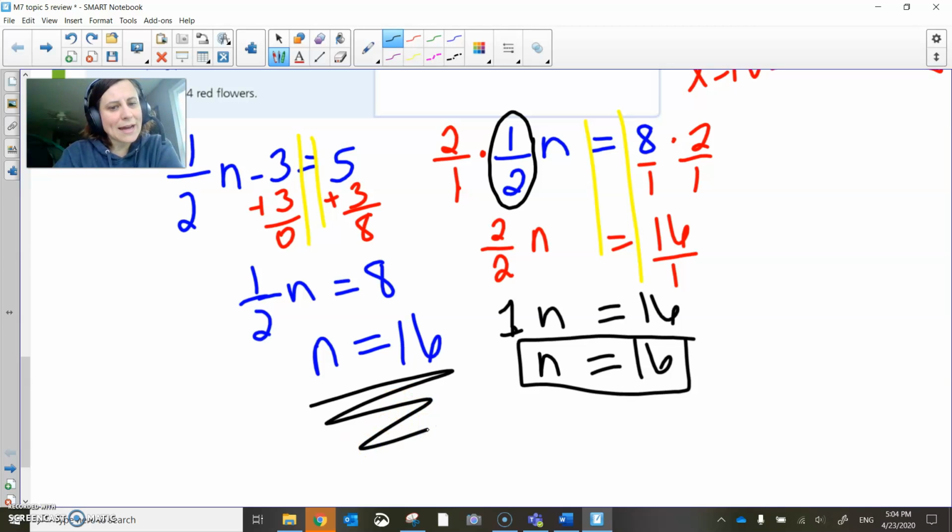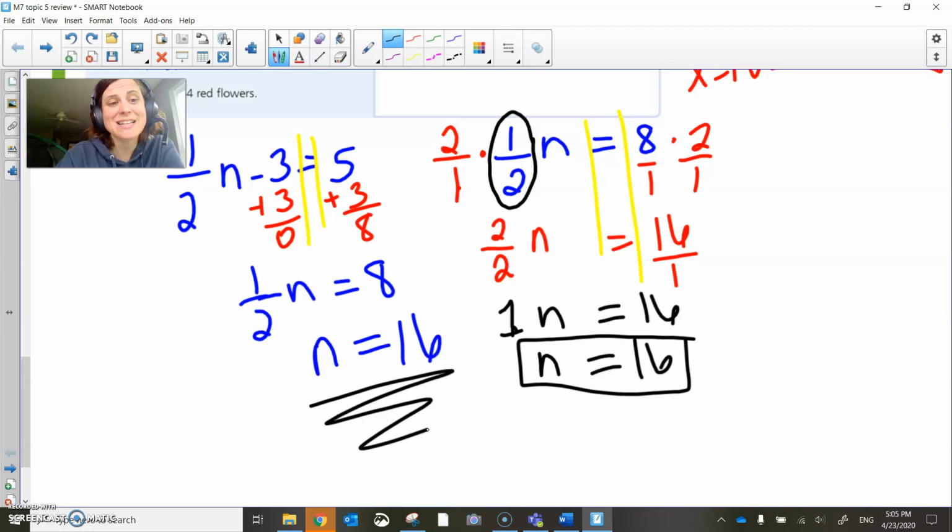Now, the reason why I don't just say 1/2 of what number is 8, you say 16, and I say, thumbs up, nice job, you figured it out, let's move on, is because sometimes they use fractions that are really tricky. Like, what if they used 7/11? If I told you 7/11 n's were equal to 8, could you come up with that off the top of your head?